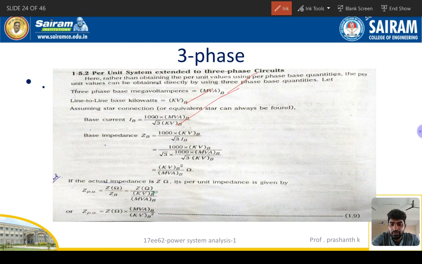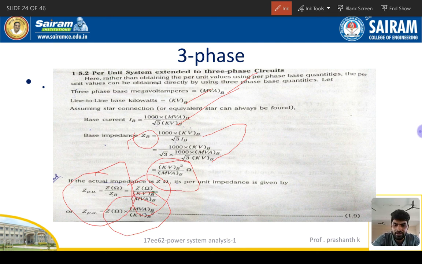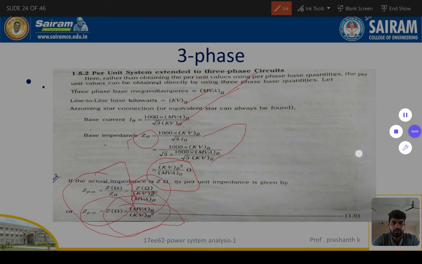ZB is equal to kV by root 3 IB, and substituting the values, we get kV square by MVAB. We already know ZPU is the actual value by the base value, and finally we get ZPU equal to Z ohm into MVAB by kVB whole square. So whether single phase or three phase, you get the same per unit impedance formula and the same value.